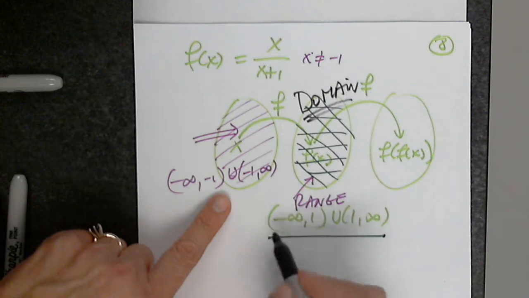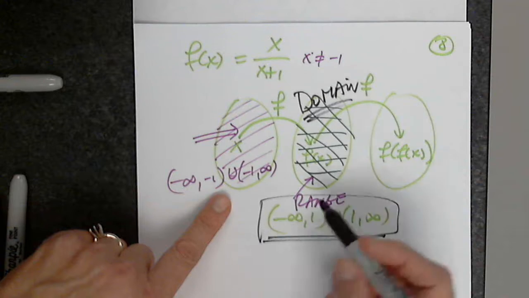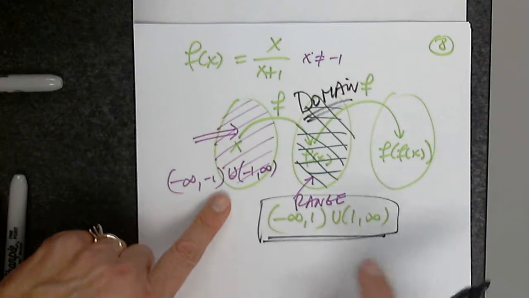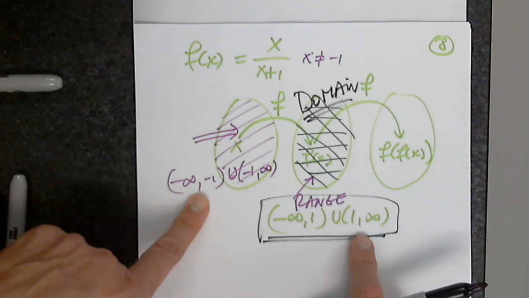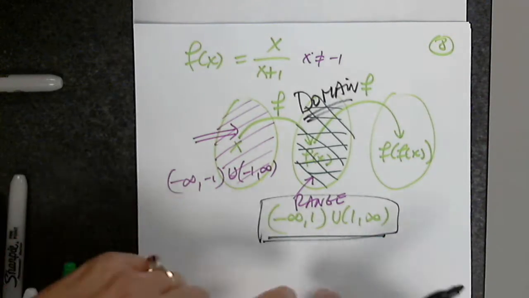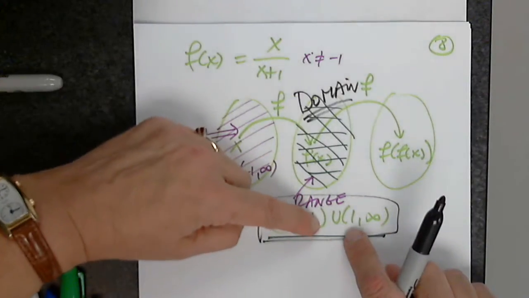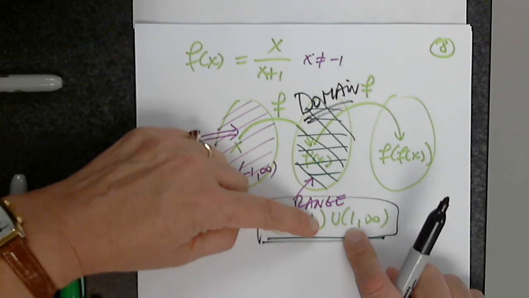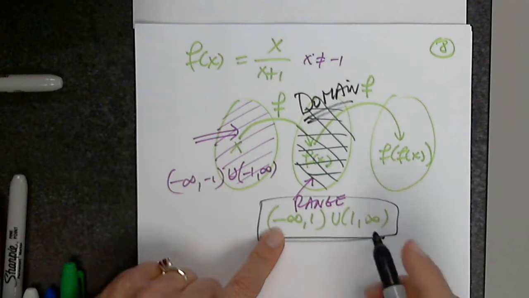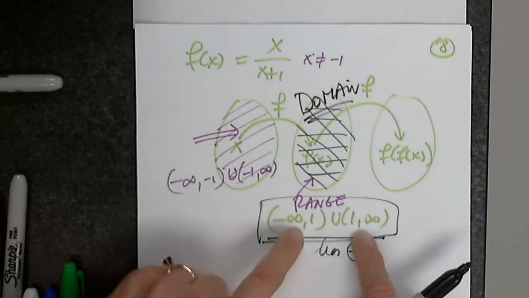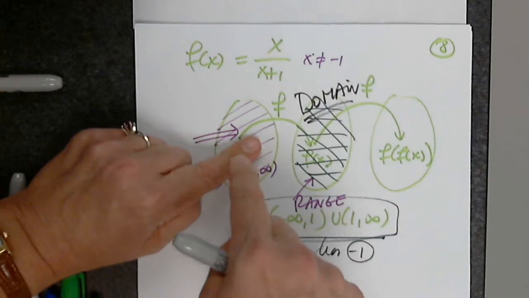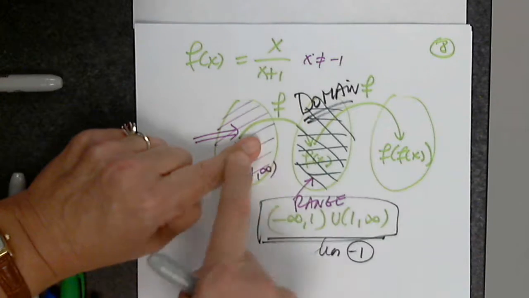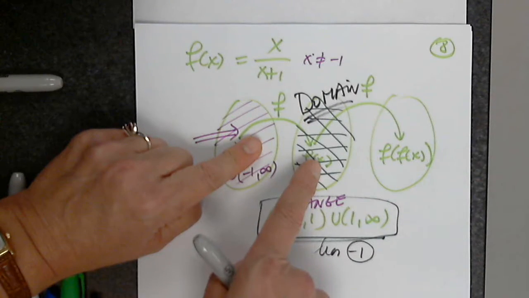So f is bringing us these values so that we can apply f to these values. But there is a value that f cannot be applied to. The fact that f will never be applied to 1, it's okay. But the fact that this set has negative 1 in it, that is the problem. Because it means that there is a value here that I apply f to get how much here?